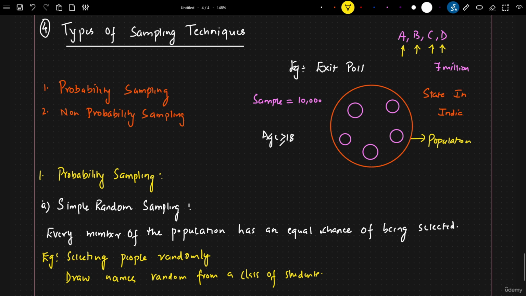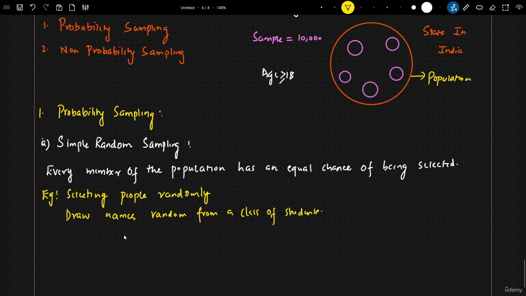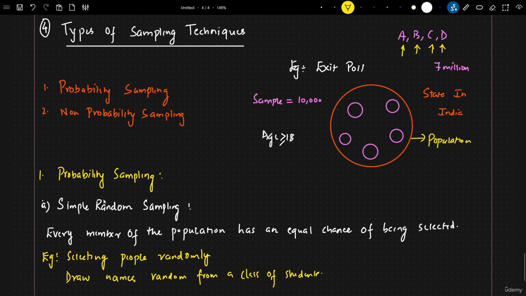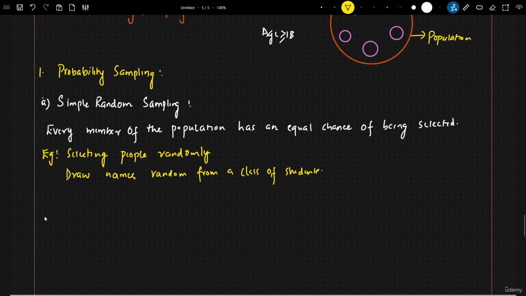So there is an equal chance of getting selected. This kind of random sampling is most of the time used in exit polls, but I will give you multiple examples so that you will be able to understand it. So this is one type of sampling, called simple random sampling.